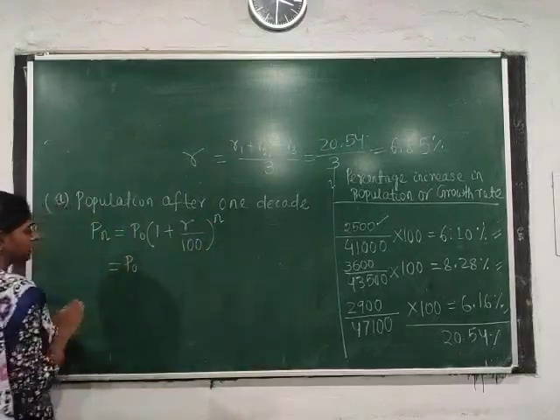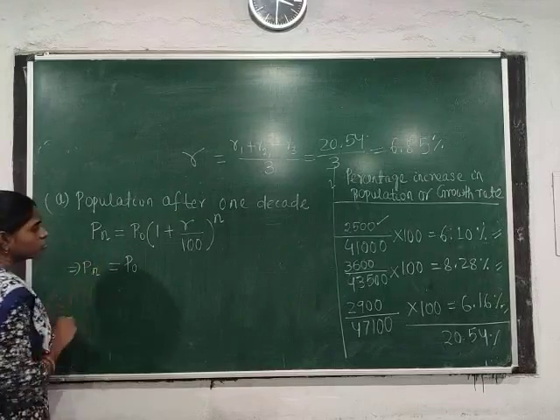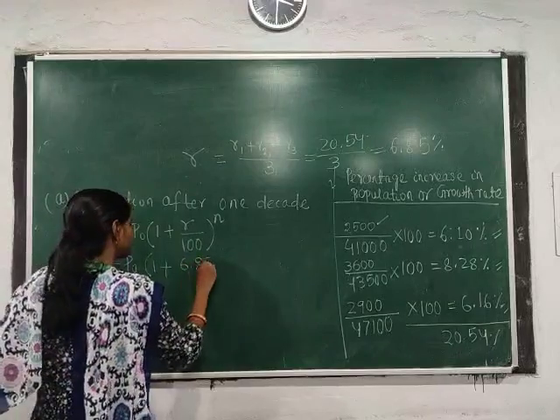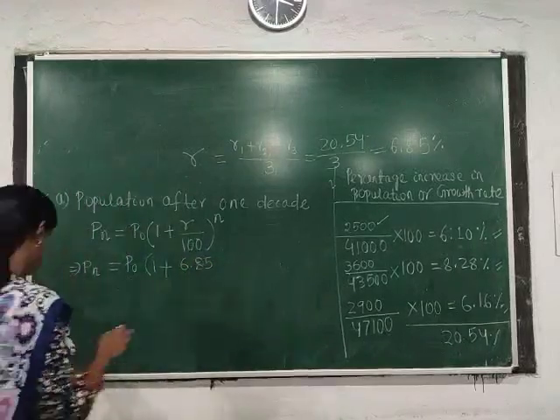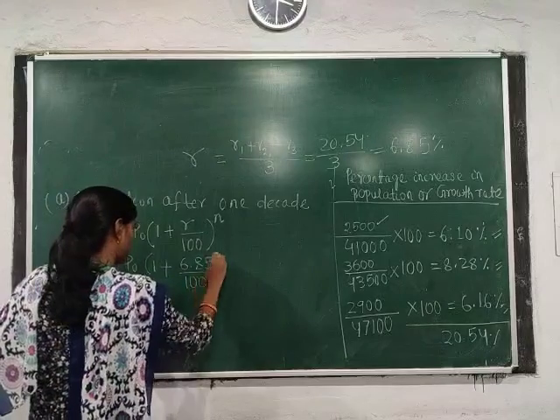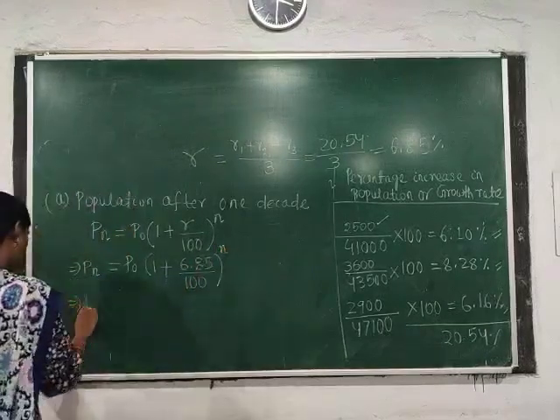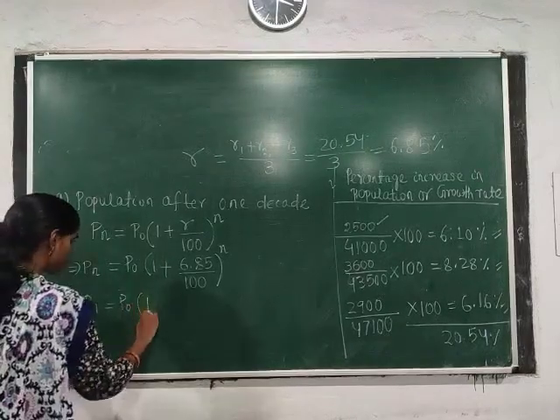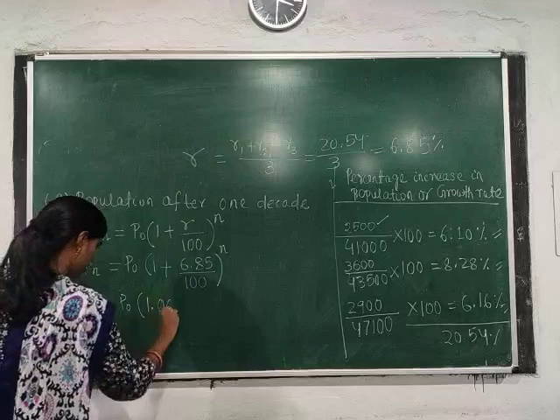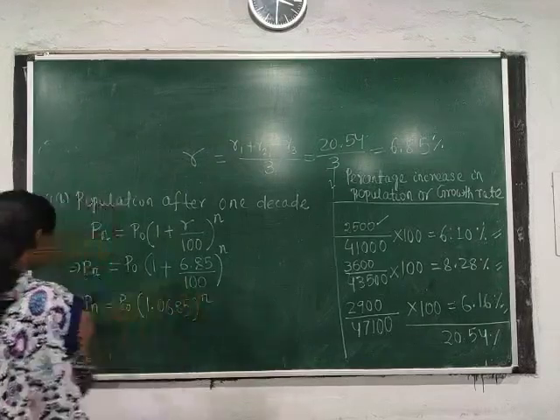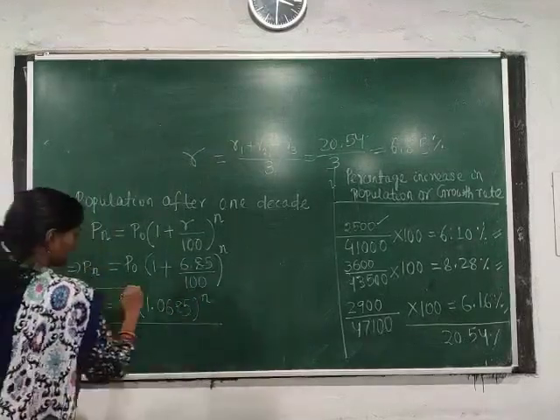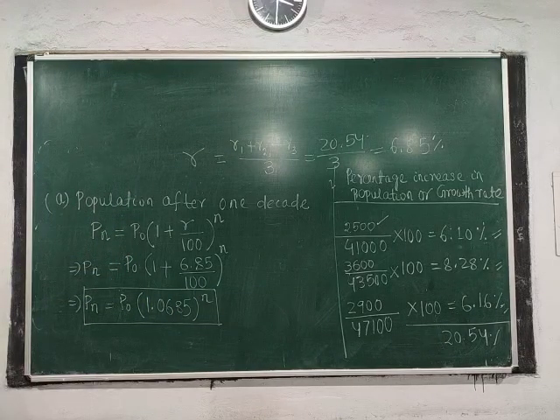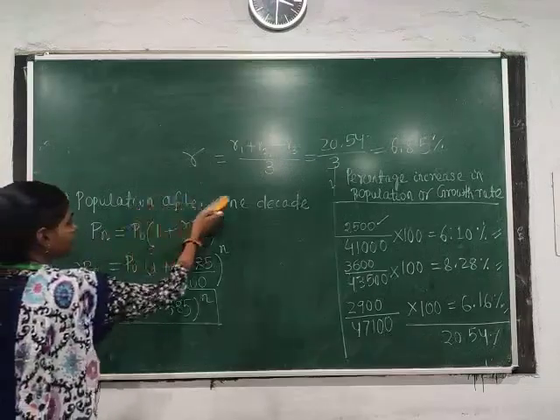In place of R we can put 6.85 divided by 100 whole to the power n, and this can be written as P0 whole into 1.0685 whole to the power n. So the final formula is this one. First we have to find out population after one decade.